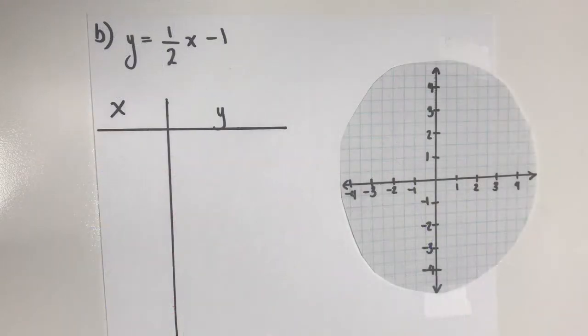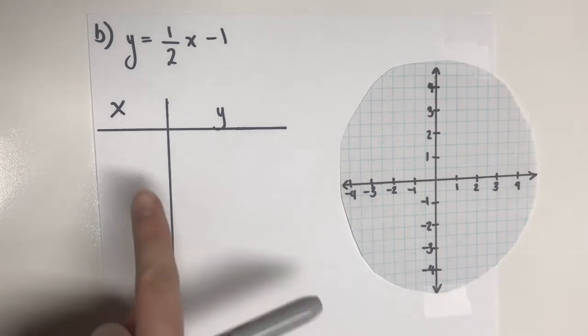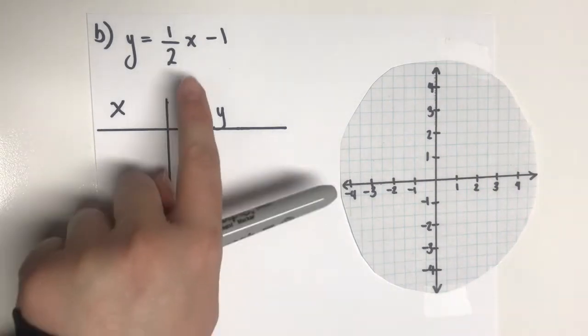All right, next question. y equals 1/2x minus 1. You'll notice this is a fraction. So to set up the x values here, instead of doing -2, -1, 0, 1, 2 like I did in the last example, I'm actually going to set different x values because I want to get rid of the fraction.